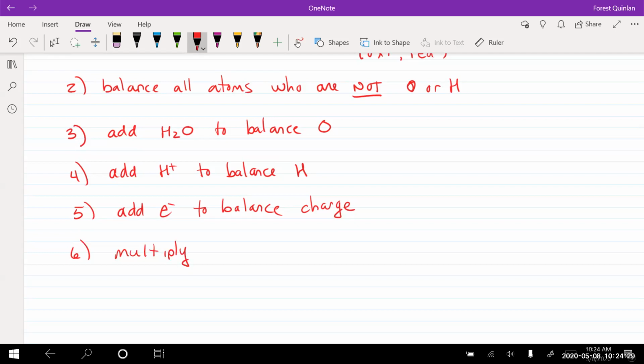Multiply the half reactions in such a way that the electrons cancel.